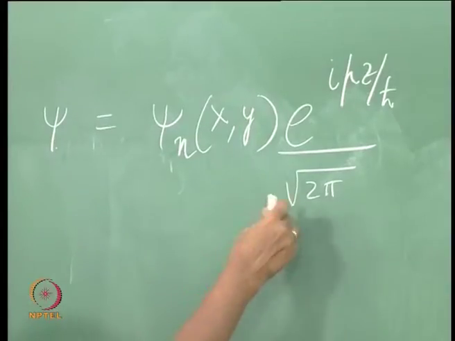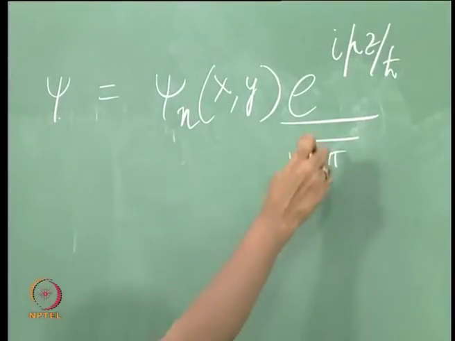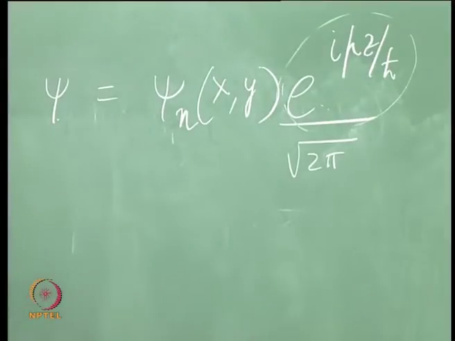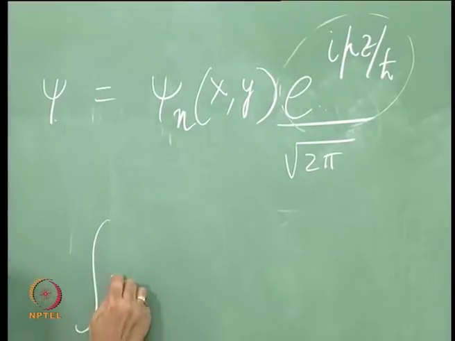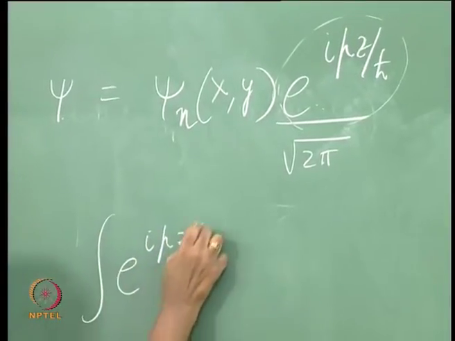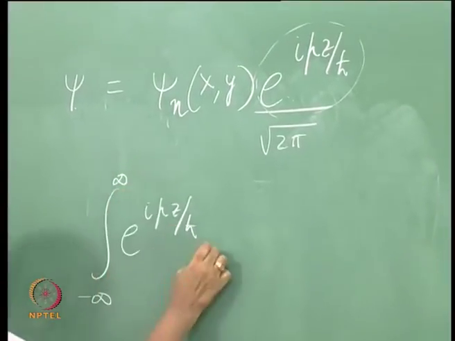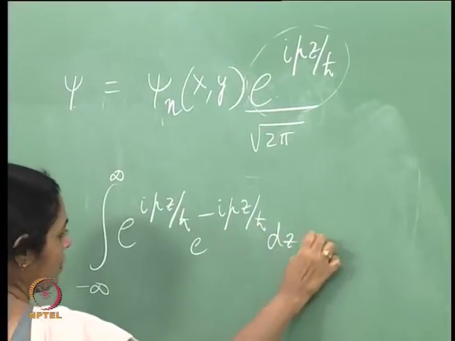So that is one factor which could be put in, but quite apart from that, there is the whole business of normalizing e to the i p z by ħ. It is a plane wave solution. So if you look at psi star psi, where psi is e to the i p z by ħ, and z itself goes from minus infinity to infinity, you can see that this blows up.